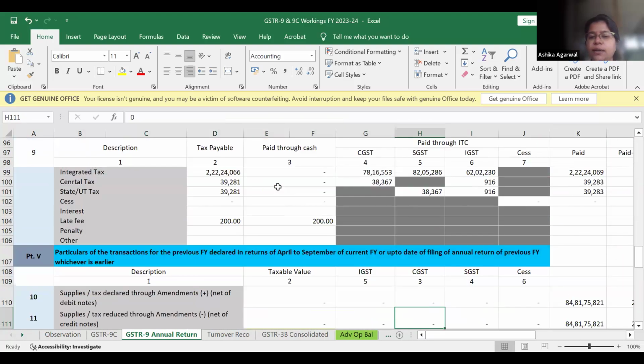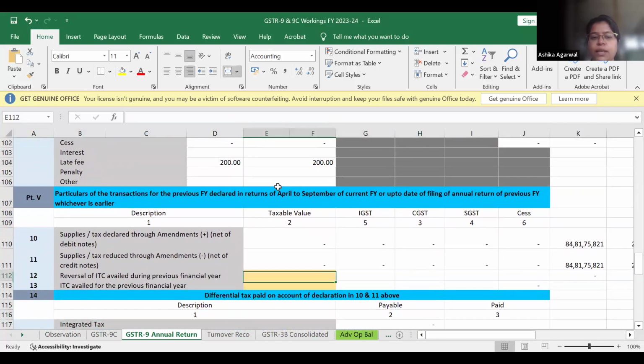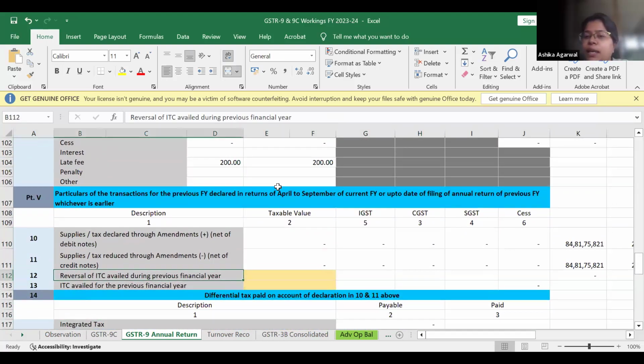Then he was discussing the carry forward impact, tables 12 and 13, that there may be a case where after finalizing you come to know you have excess availed, and instead of going through DRC 03, you are planning to do it through 3B. Now, 1 November was the cutoff date, and this reporting was to be done based on November.